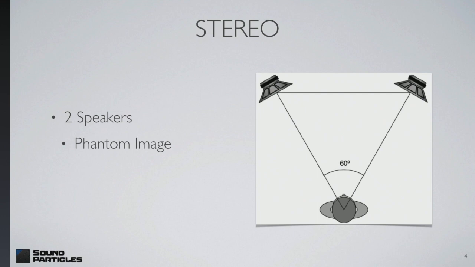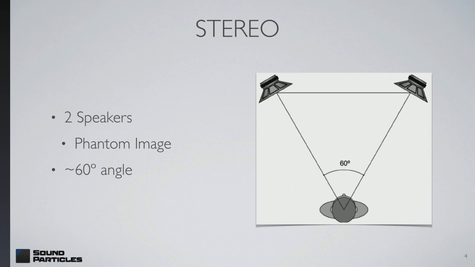When I talk about stereo, we usually are talking about an angle of 60 degrees. And why 60 degrees? Well, you want the maximum angle possible because you want a wider sound image. But if this angle becomes too large, the virtual image is going to collide.